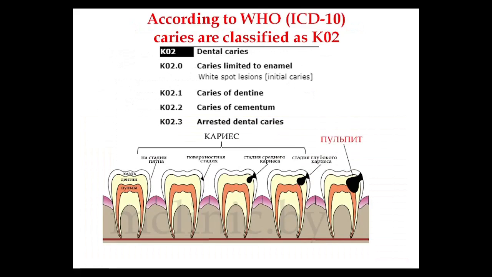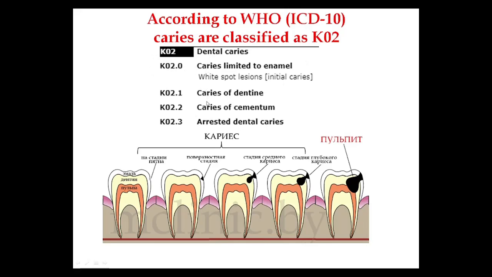Next classification, according to the World Health Organization, or ICD, International Classification of Diseases. Caries is classified as K02. This is the special code for any caries. K02 means dental caries according to the International Classification of Diseases.